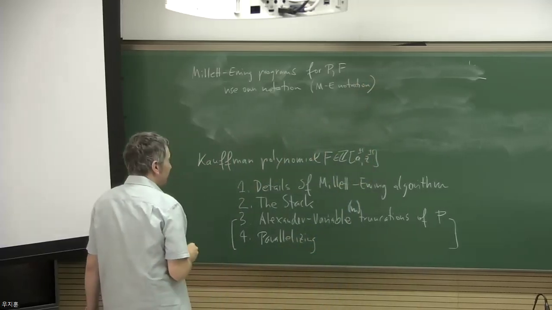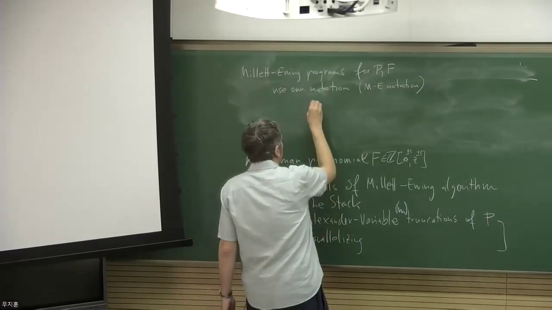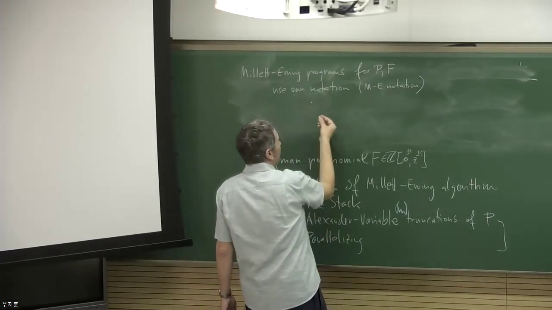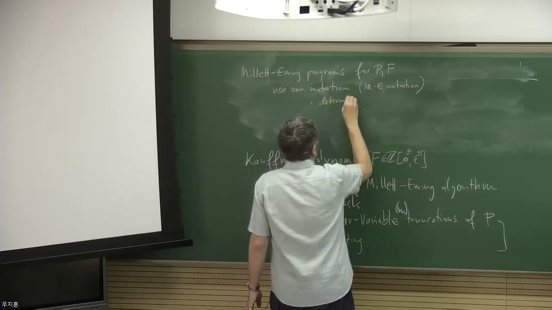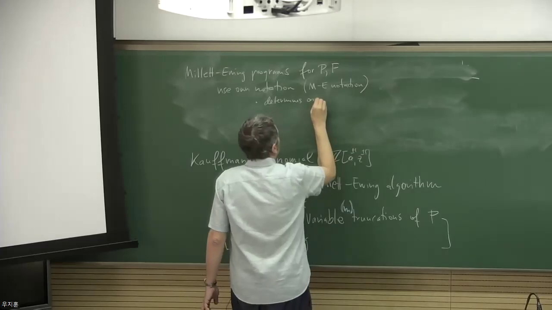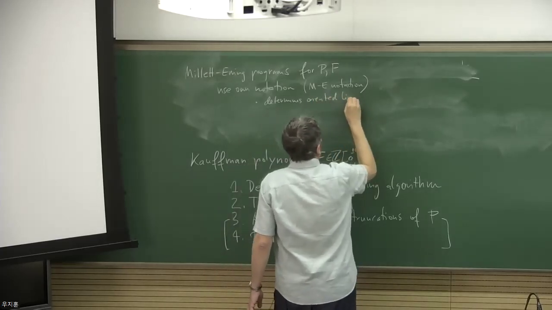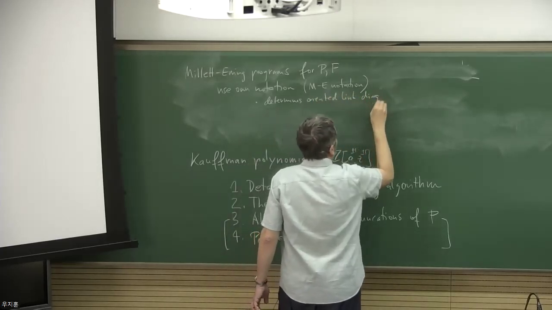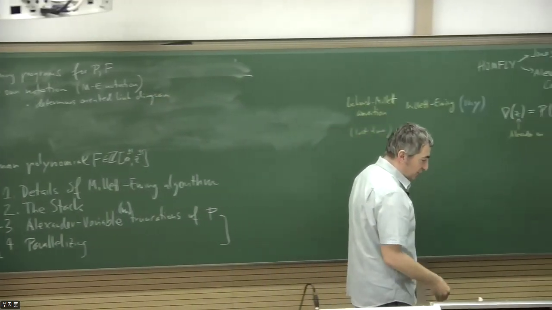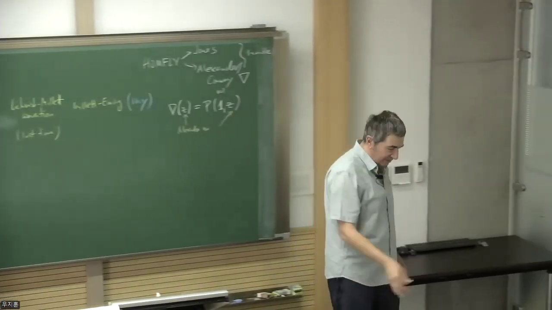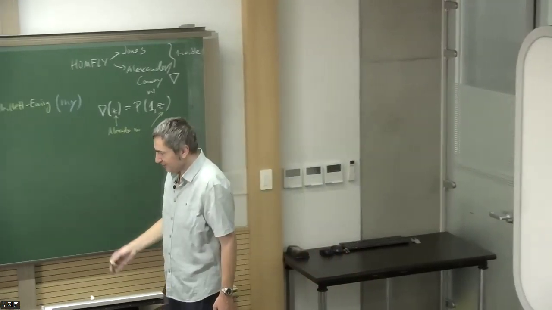The only thing that I want to recall about this notation is that it determines an oriented link diagram. This means it works for links with multiple components, and it is very sensitive to component orientations and things like that.